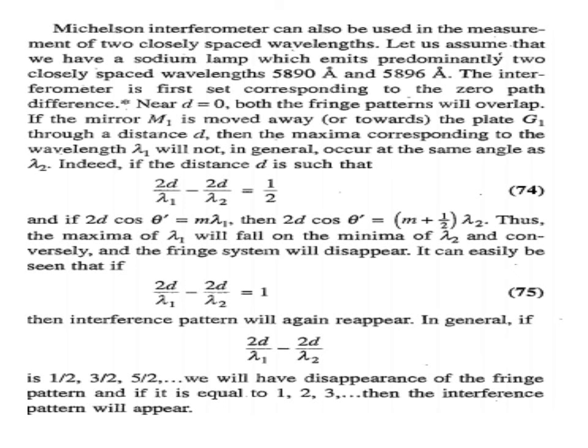It can easily be seen that if 2d by lambda 1 minus 2d by lambda 2 is equal to 1, then the interference pattern will reappear. So in general, if 2d by lambda 1 minus 2d by lambda 2 is 1/2, 3/2, 5/2, etc., we will have disappearance of the fringe pattern, and if it is equal to 1, 2, 3, etc., then the interference pattern will appear.